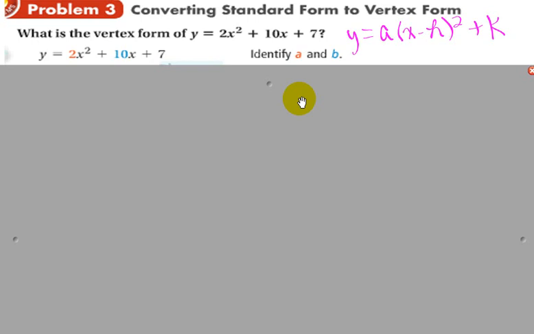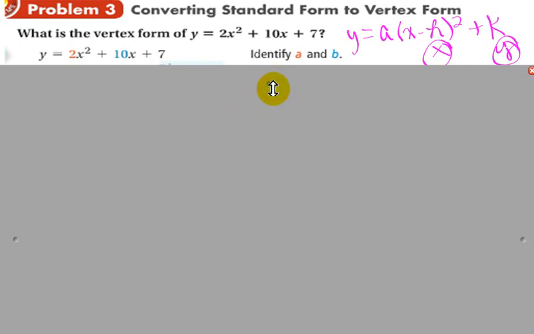Which one was h? Was that x or y? That's our x, and that means that k must be our y. So if we can just get our vertex, because that's all h and k was, remember? If we can just get our x and y value like we've been doing, we can just take the x and y and plug it into this formula, find our a value, and be done.